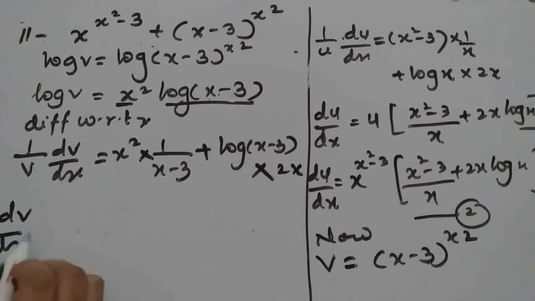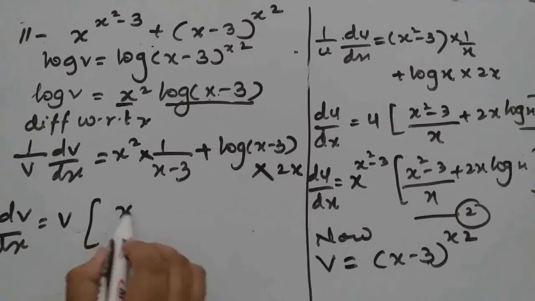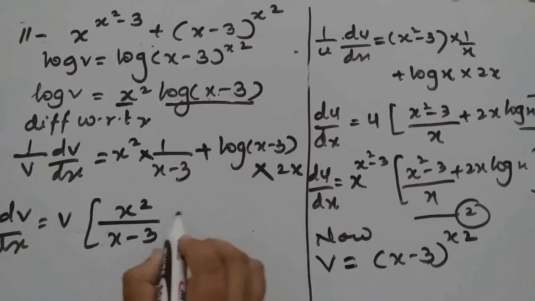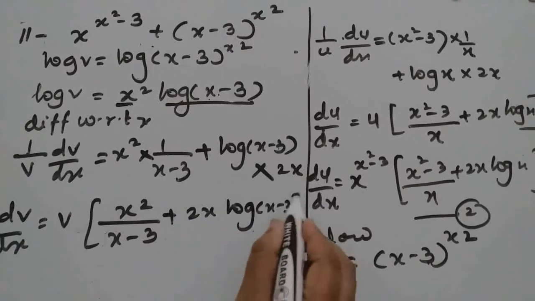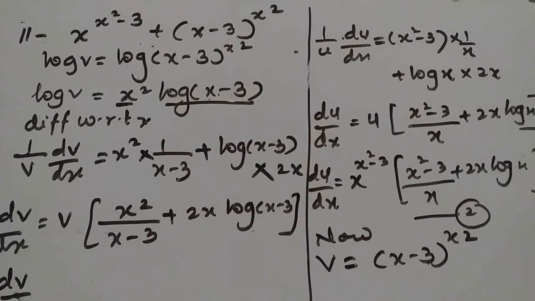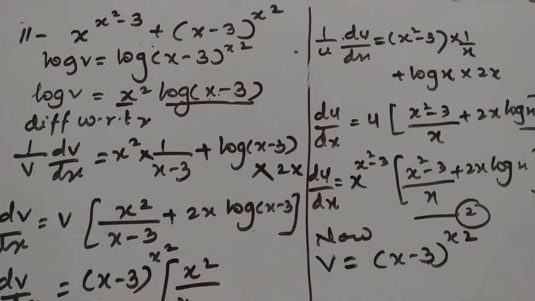So dv by dx we can write v times x square by x minus 3 plus 2x log x minus 3. That is dv by dx, v is. So now for dy by dx you can add both the terms, du by dx plus dv by dx.